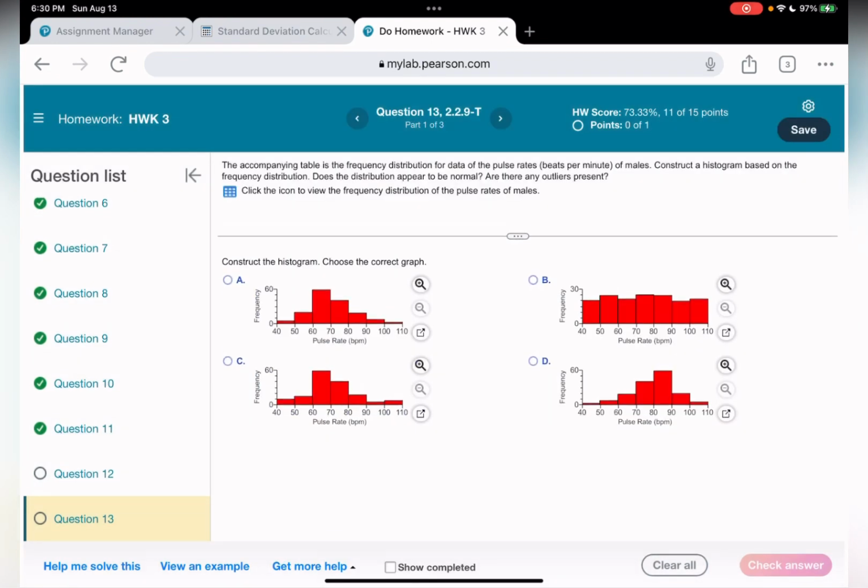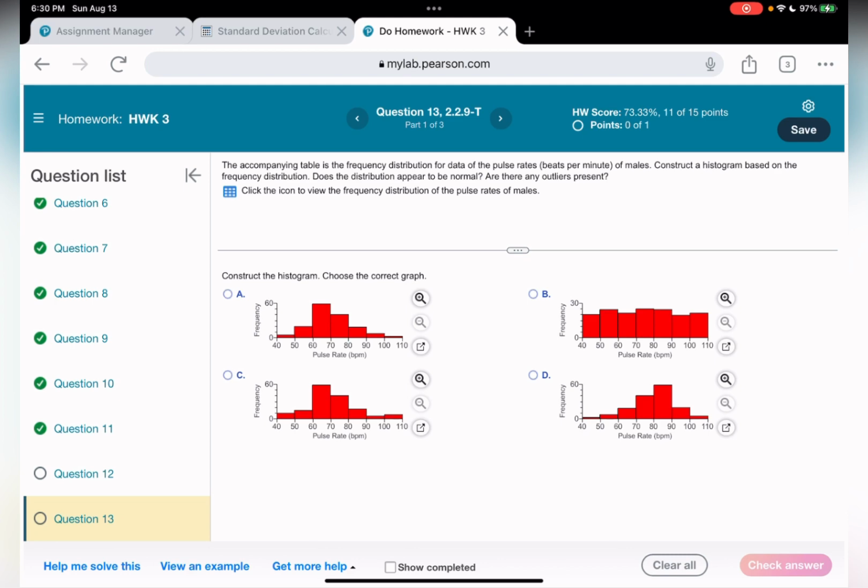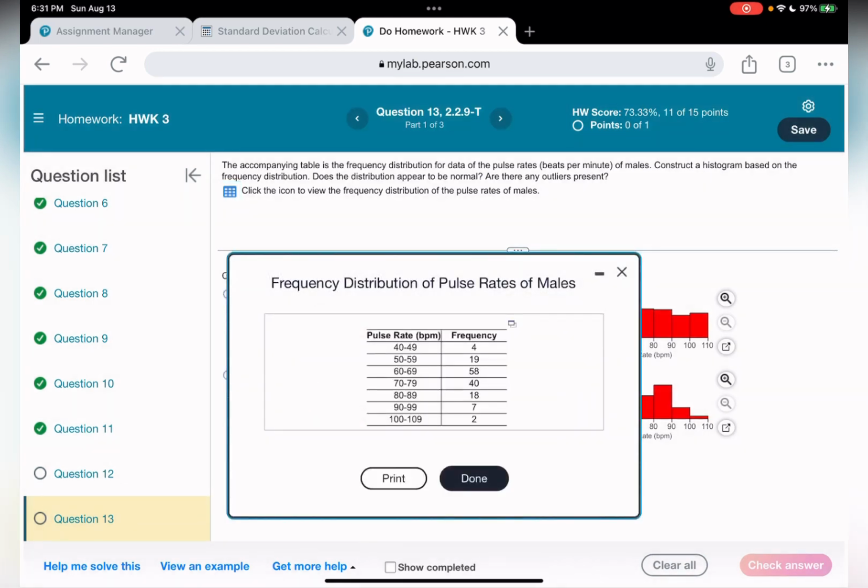Okay, here we practically have the pulse rate and frequency. So we need to see which histogram is matching. This is how I'm going to find out. Look, the lowest frequency is 2 at 100 to 109, and the highest frequency is 58.